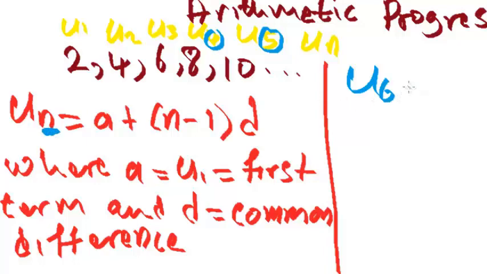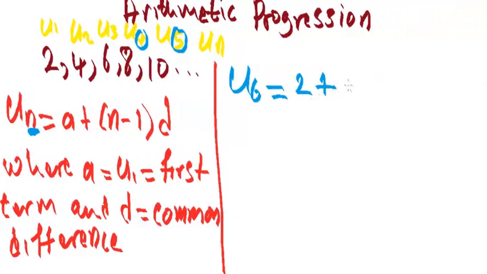So U6 is equal to our a, because here we have a. Now our a is 2, so we have 2, then plus n minus 1. n is the number here, so n is 6, right? So 6 minus 1 is going to be 5. So we have 5. Then d. d is the difference between the numbers.